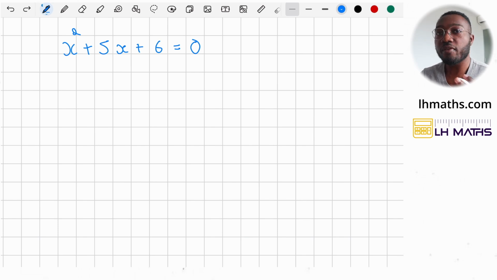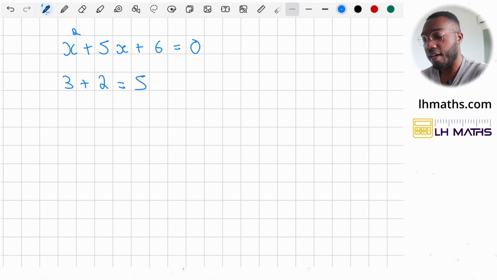to 0. With a quadratic expression like this, all you need to do is find two numbers which can sum to make 5 and can times or multiply to make 6. So we know that it will be 3 and 2, because 3 plus 2 is equal to 5, and 3 times 2 is equal to 6.